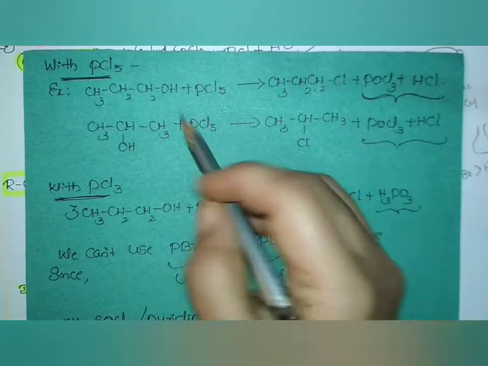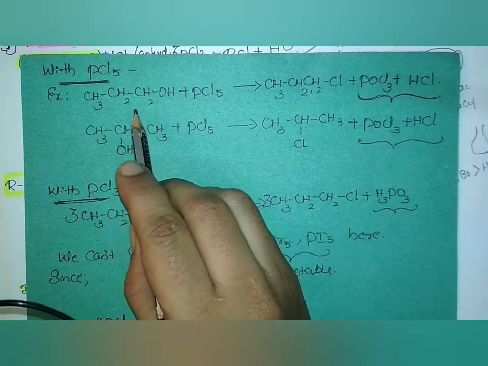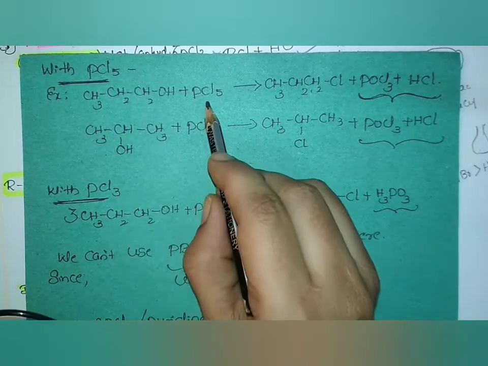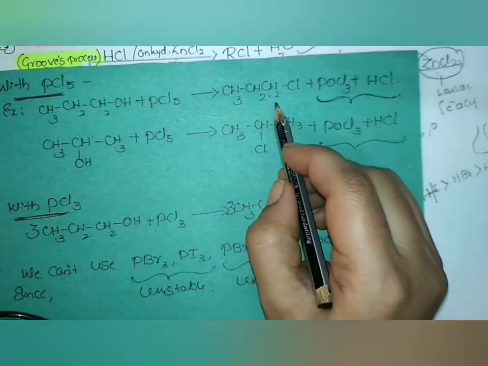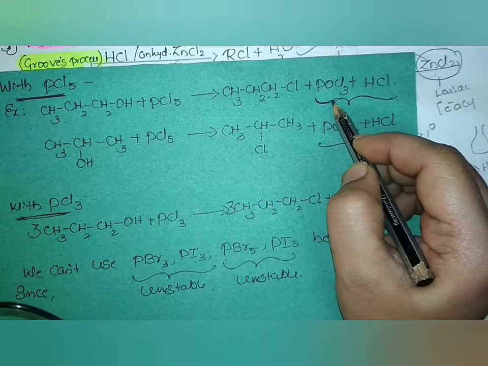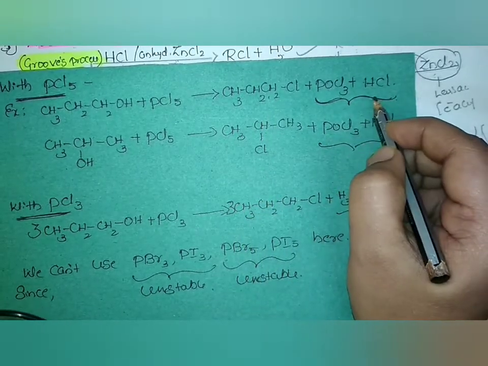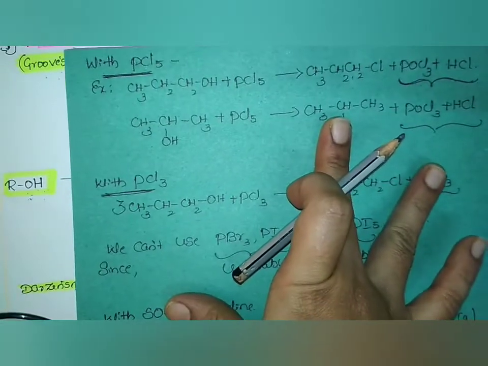So this is with phosphorus pentachloride. When alcohol is treated with phosphorus pentachloride, it results in the formation of the respective alkyl chloride, phosphoryl chloride and HCl. So the byproducts are very important here. Again I am explaining.